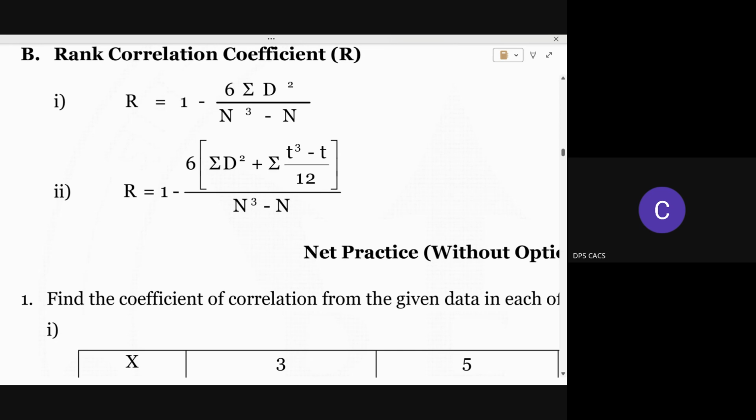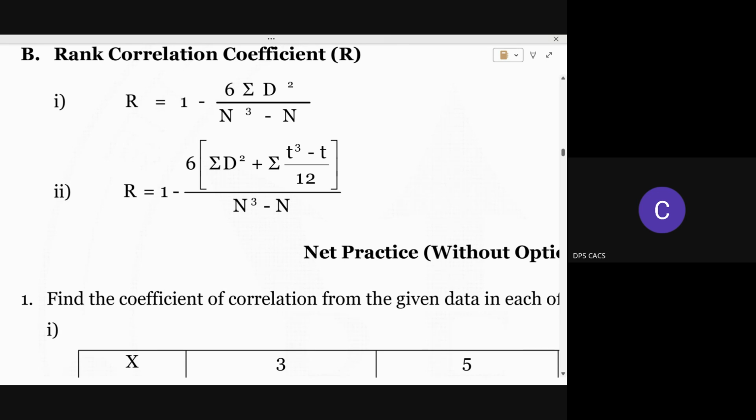This is correct. How many people have the confidence that they can write the formula now? Let's check. Why not everyone? We have taken 5 to 7 minutes. There are only 3 formulas there. We cannot learn it?